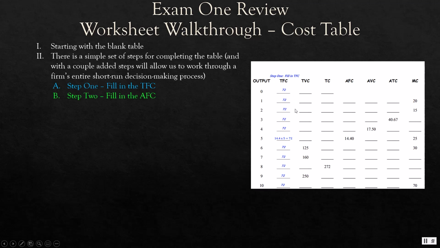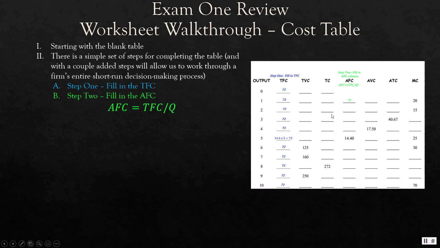Then I move to the average fixed cost column. Now that I have a total fixed cost for every output level, I can calculate the average fixed cost for every output level by taking its total divided by the quantity, or the output level itself. So I want to fill in the AFC column using this formula. Again, we skip over the 0th unit.